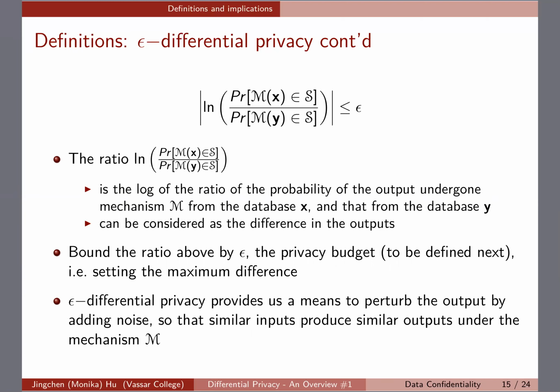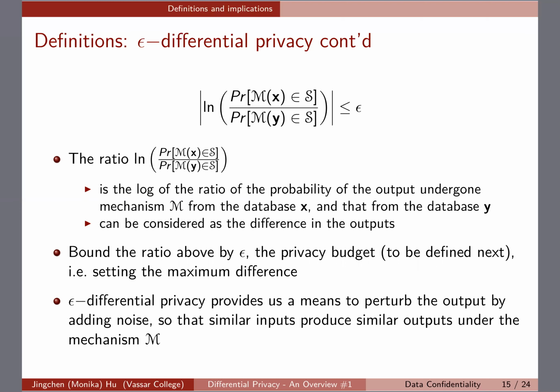We don't want to let it go extreme, and that might compromise the privacy. Going above certain bounds, like epsilon, for example, means we are giving out information. The way we do it is by bounding the log ratios of probability above by a small number, epsilon.